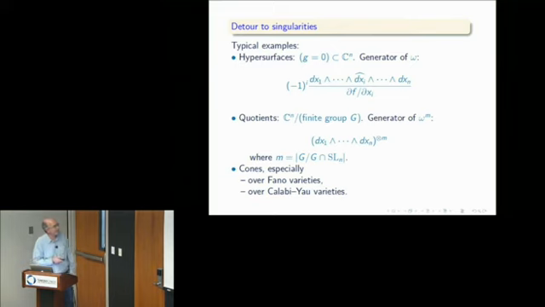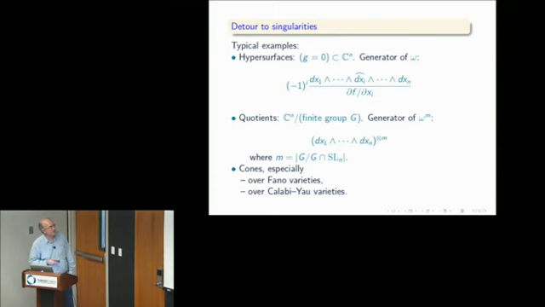Now, another thing we are interested in, an example that comes up a lot, is when we start with C^n and take the quotient by a finite group of linear transformations. Maybe we assume that the origin is the only fixed point, but at least that there should not be a codimension one fixed locus. Then for this quotient, of course you would like to say that this obvious generator of omega on C^n descends.